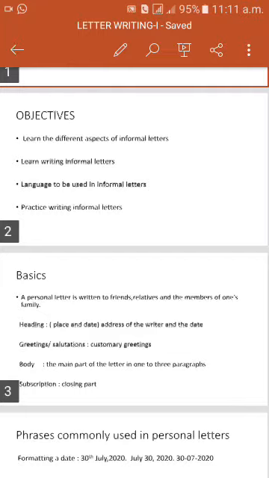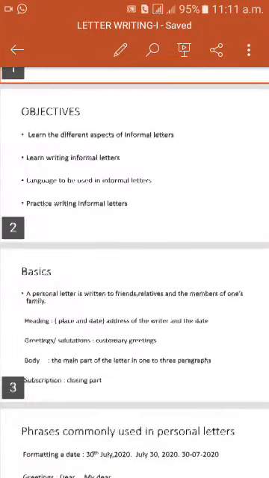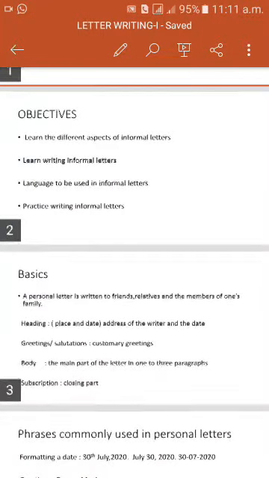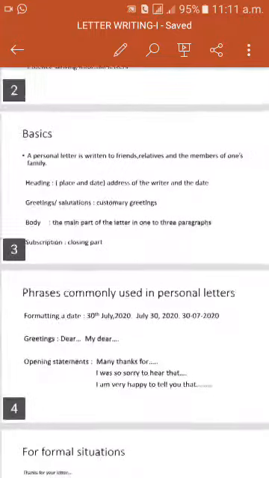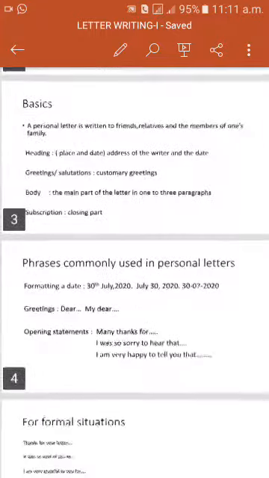After finishing this lecture, the students have to write some letters. They get a considerable amount of mastery on writing letters. Let us come to basics.